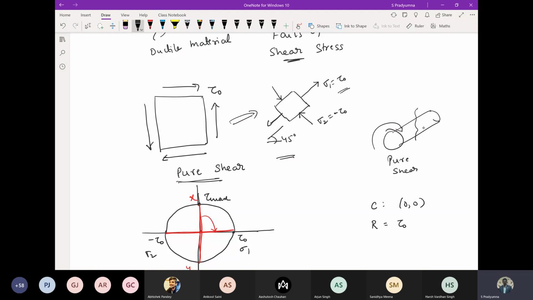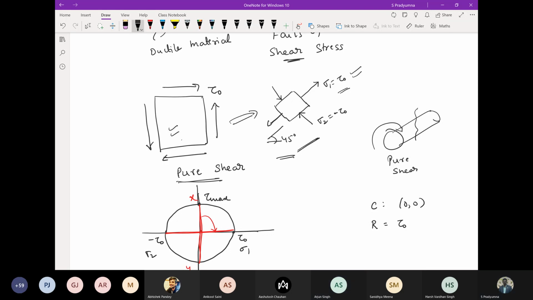That means it represents this type of state of stress. If it is failing by normal stress, what will be the state of stress at 45 degree rotation? This is the 45 degree plane, right? Sir, that means the normal stress is higher at a 45 degree plane, which is equal to the magnitude of the shear stress.